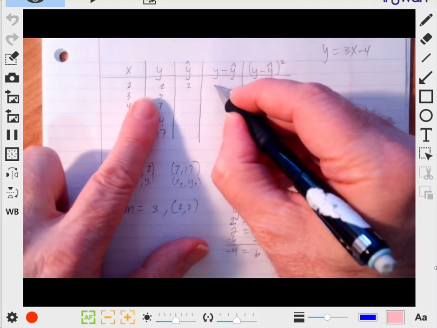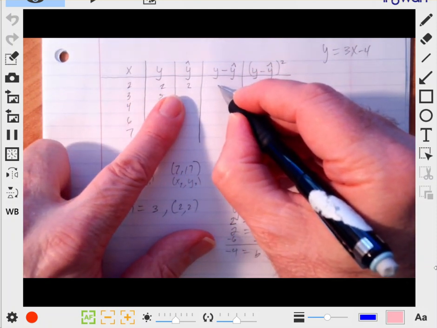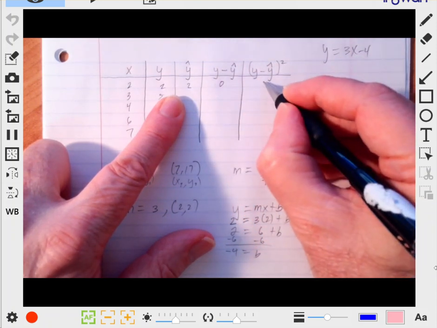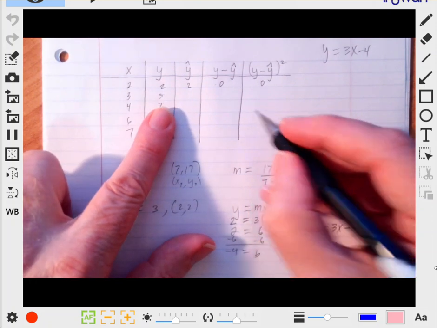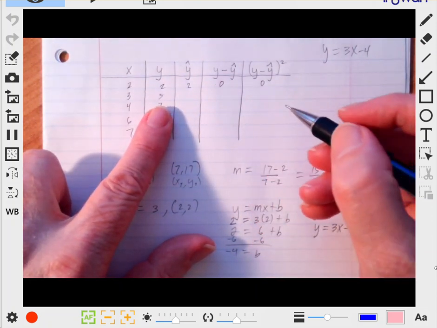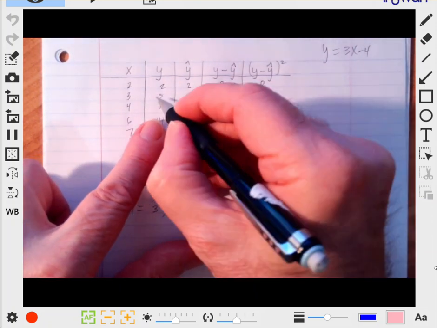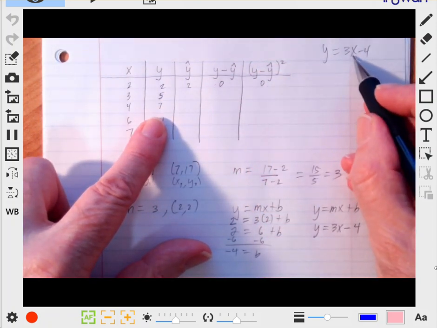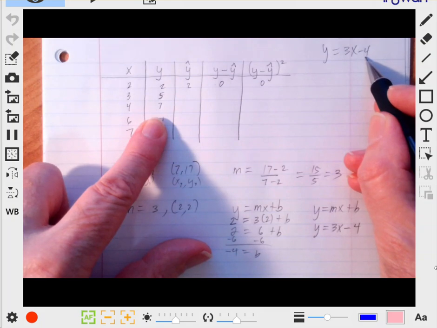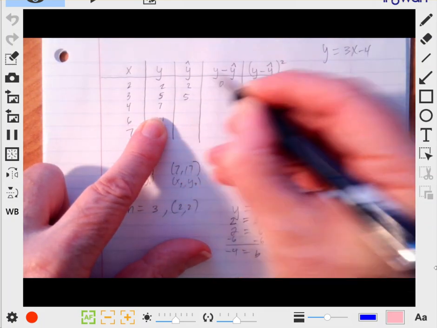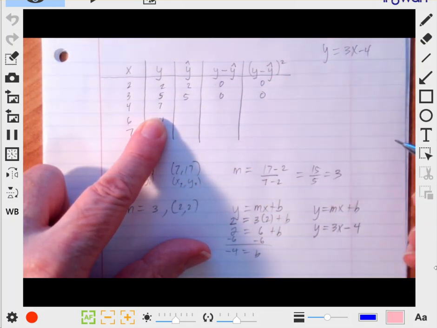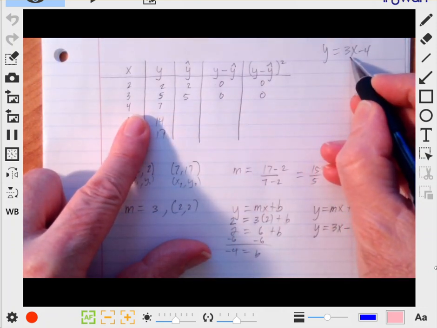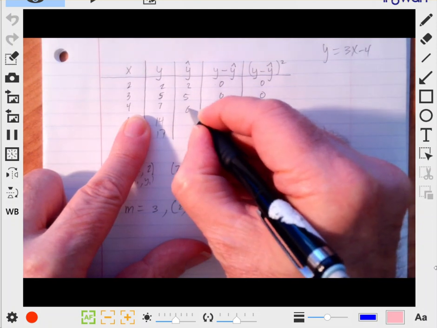So notice when you subtract these, y minus y hat, that's going to be 0, and 0 squared is of course 0. When we plug in 3, oops, I think that's a 5. 3 times 3 is 9, minus 4 is 5, so we're getting 5 again, so that's going to be another 0. When we plug in 4, we get 3 times 4, which is 12, minus 4 is 8.